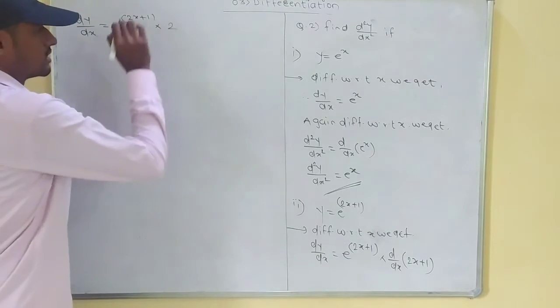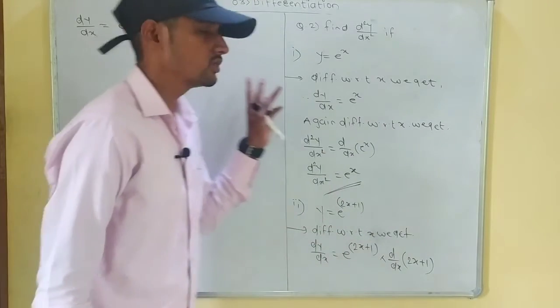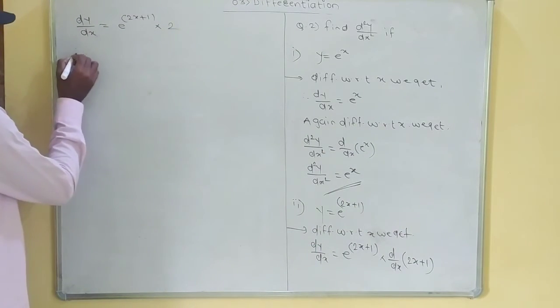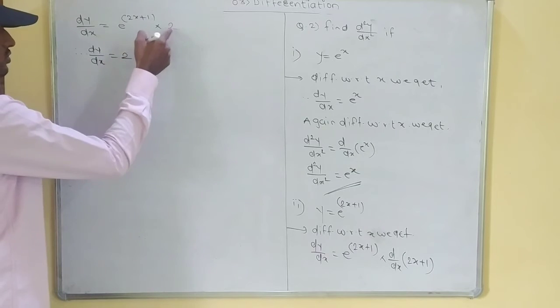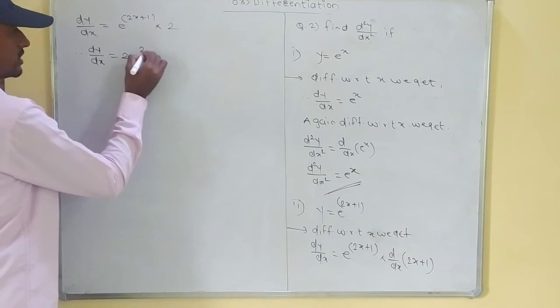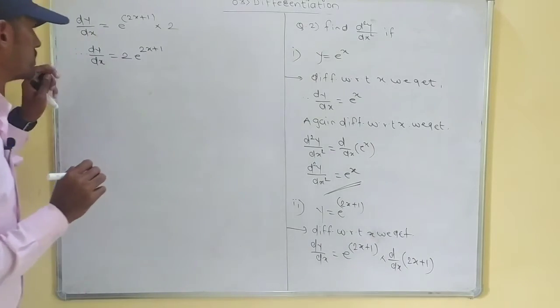That's why the derivative of 2x plus 1 is only 2. Therefore dy by dx is equal to 2 as it is and e to the power 2x plus 1. This is the first order derivative.